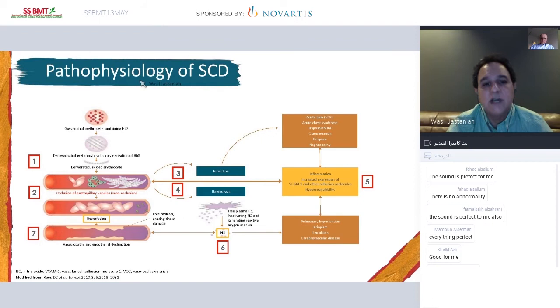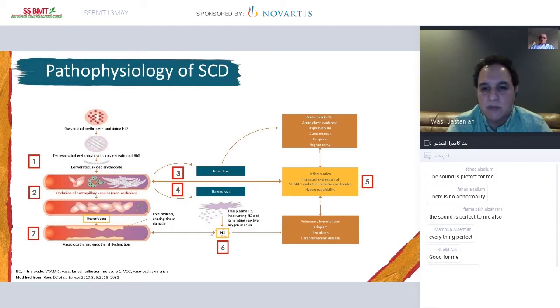And this is a nice figure that was actually published by Professor David, which shows the combined complex interacting pathophysiological mechanisms, starting from the first event, which is the polymerization and sickling that leads to the vasoocclusion. And this vasoocclusion leads to the ischemia and inflammation, and also the hemolysis leads to the end result of the inflammation, which is a two-way kind of pathway.